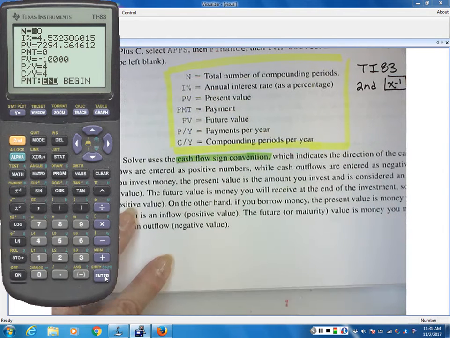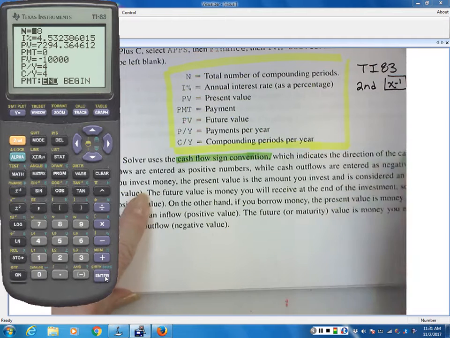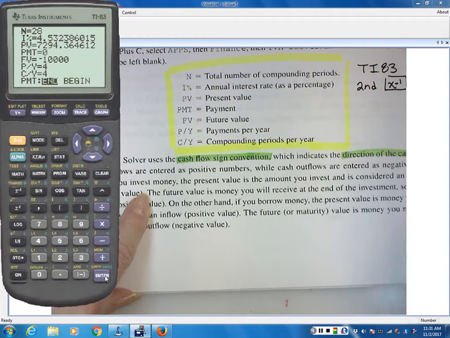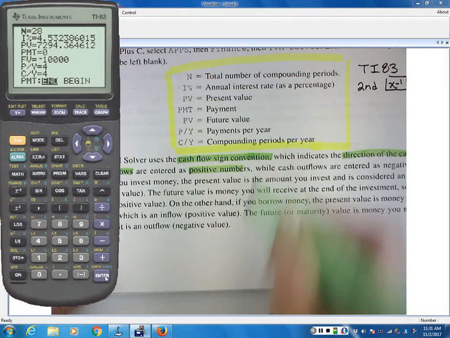You may have talked about this in accounting, or maybe in a different class. But what we're talking about is the direction of the cash flow. Are you paying in, or is it paying out? Are you putting money in or are you receiving money? Cash inflows are entered as positive numbers.